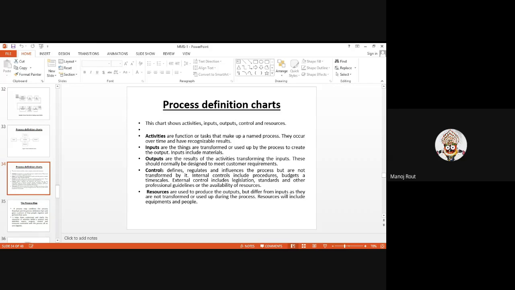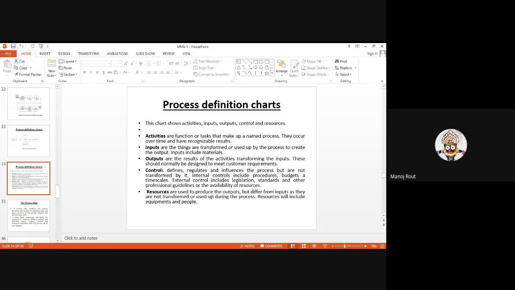Inputs are the things that are transformed or used up by the process to create the output. Input includes materials. The next one is the output. Outputs are the results of activities transforming inputs. This should normally be designed to meet the customer requirement. And the next one is the controls.